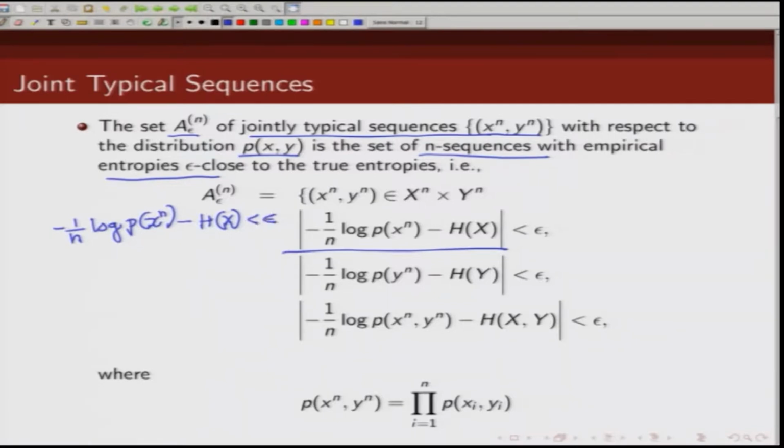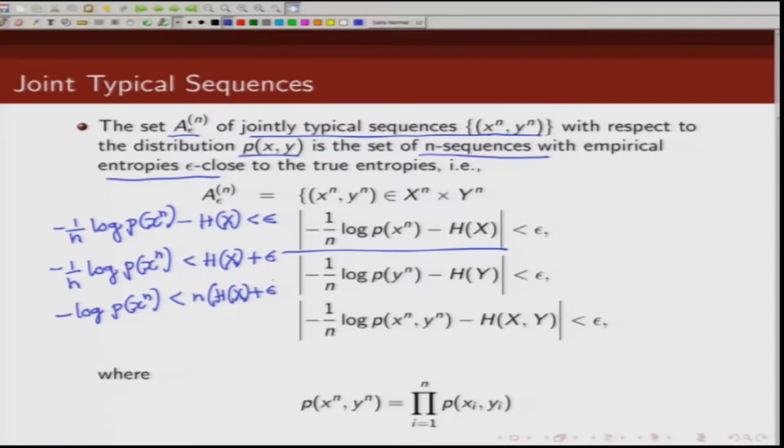So, from here we can write minus 1 by n log of P of x^n to be less than H of x plus epsilon, and minus log P of x^n is less than n times H of x plus epsilon.